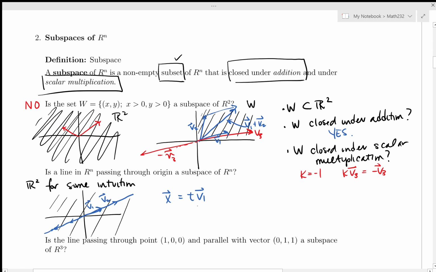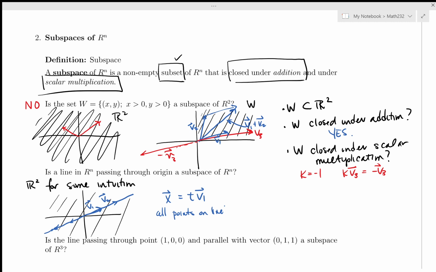So this is all the points on the line. And then if I add two of these together, or multiply by a scalar value, I don't escape.